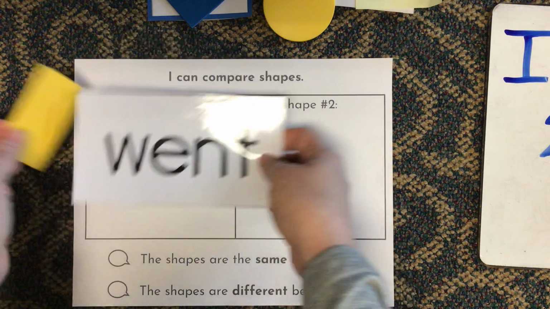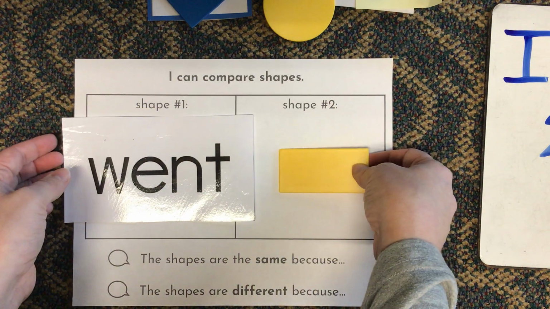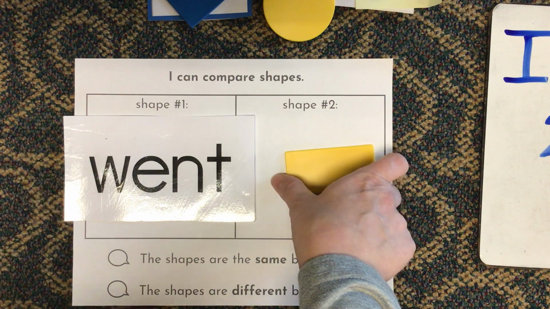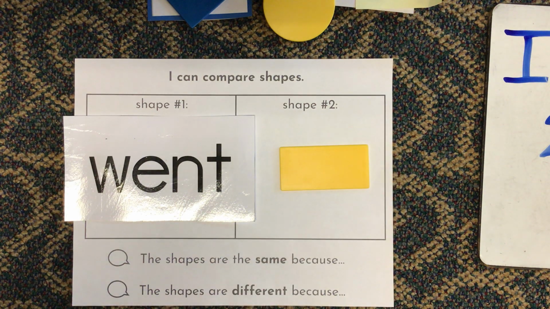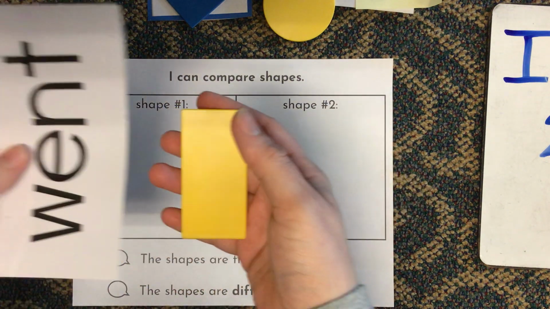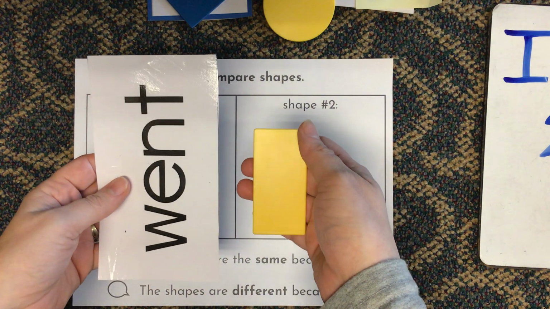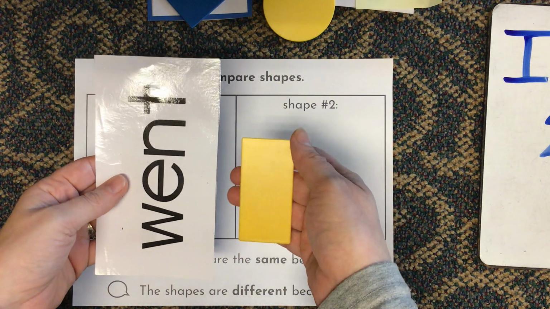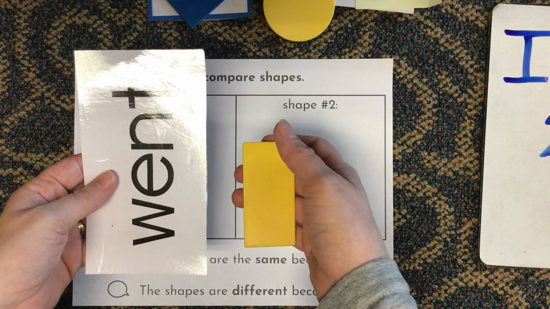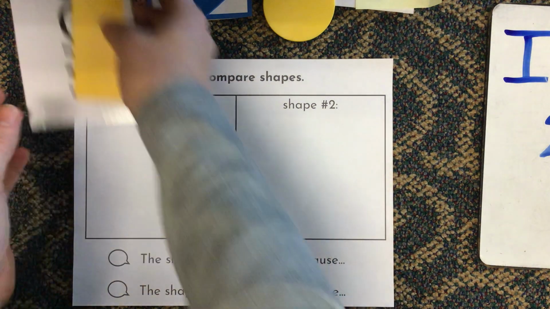One is bigger and one is smaller. Do you see anything else that they have different from each other? Their color is different. This one has a word and this one doesn't. So even though they are both rectangles, they're not the same completely. They're not identical. They are going to have some similarities and some differences.